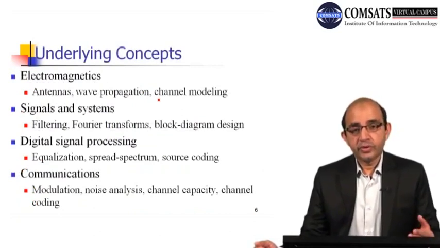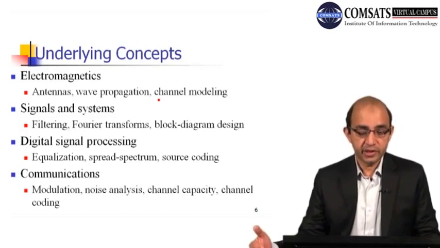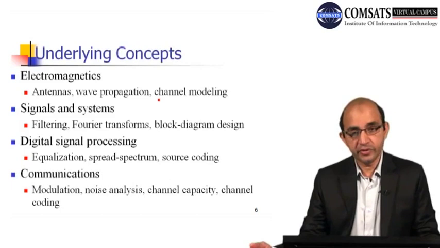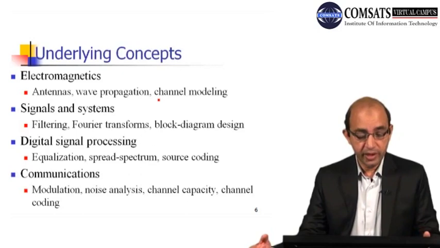And we need to know certain concepts regarding electromagnetics in order to achieve wireless communication. We need to know about antennas, the propagation modes, and channel modeling. Then we also should have some of the main signaling techniques in order to achieve the data that has to be transmitted error freely.